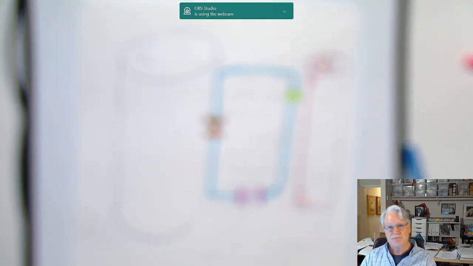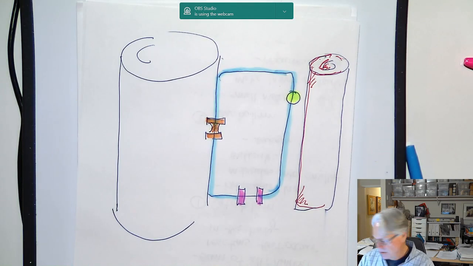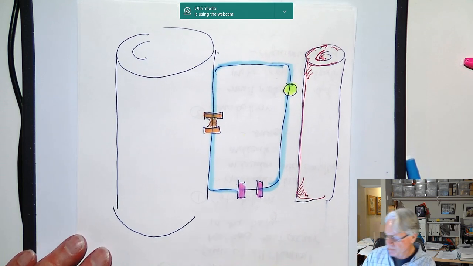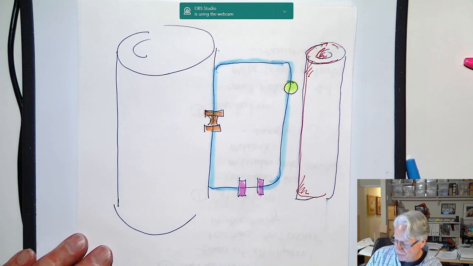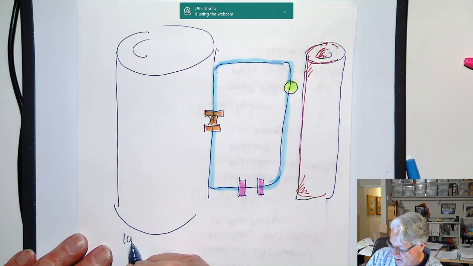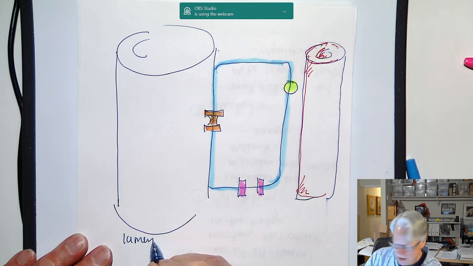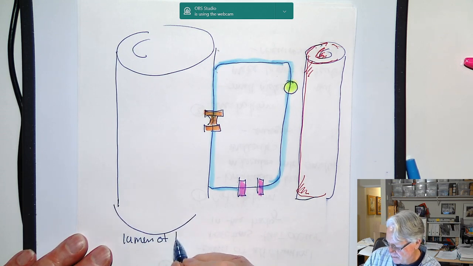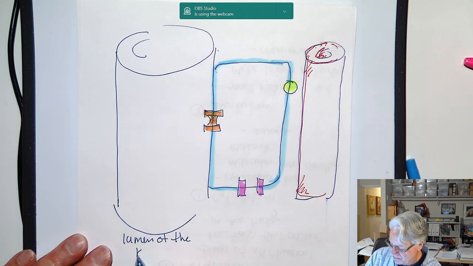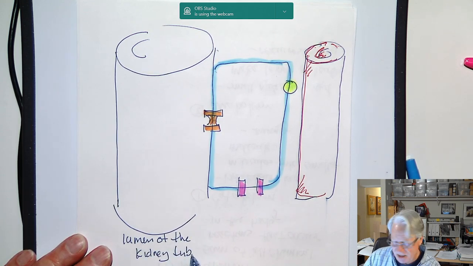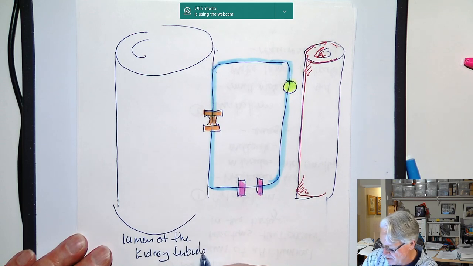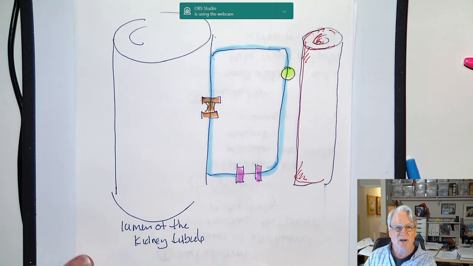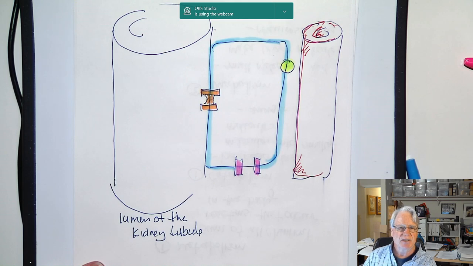Okay. All right, so let's label things so we know what we're talking about here. So this is going to be the lumen of the kidney tubule. And that may mean absolutely nothing to you and not be very instructive at all. But that's going to be the lumen of the kidney tubule.